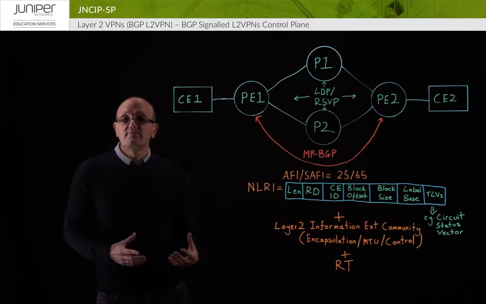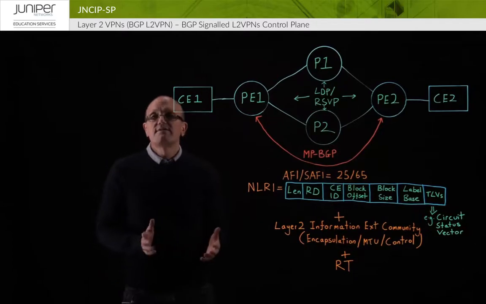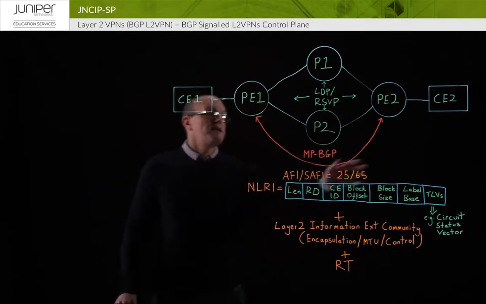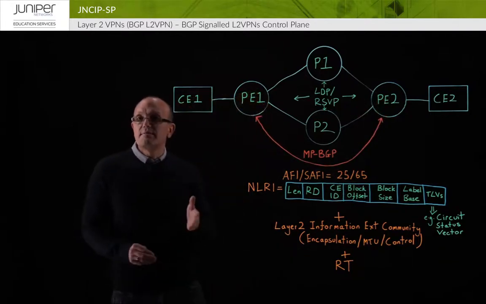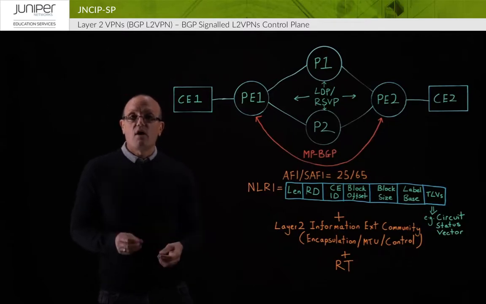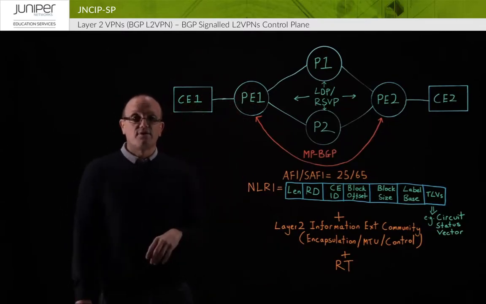The main one that you need to be aware of is the circuit status vector. This is a bit vector that will be advertised by PEs, and each bit position in this bit vector is going to indicate the health of particular virtual circuits that relate to CE endpoints.